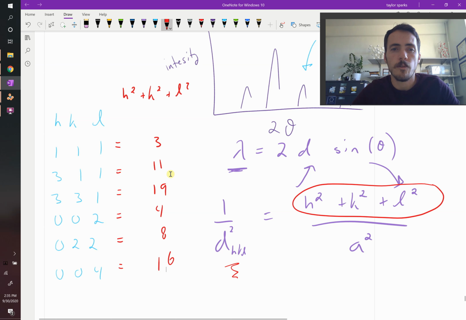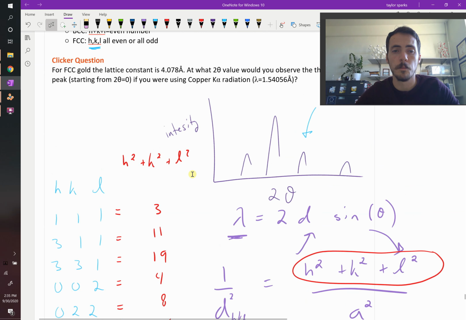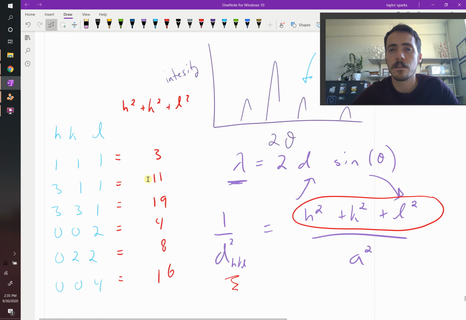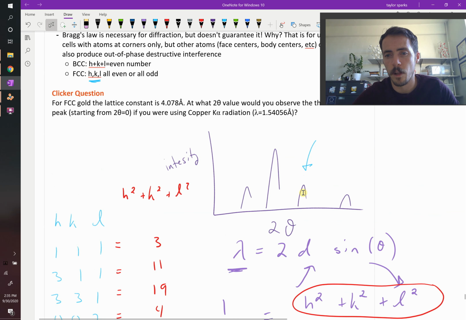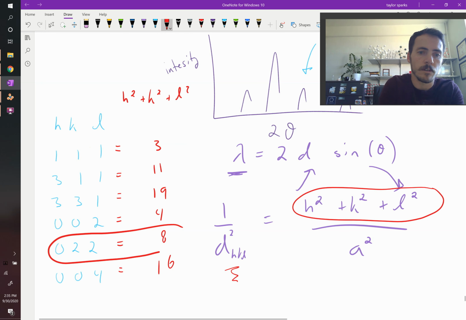So again, if we want to figure out the third smallest reflection, assuming that we got all the possible peaks here for a minute, the third smallest 2 theta value will be the third smallest h squared plus k squared plus L squared. So the lowest one is the 111 peak, the second lowest would be the 002 peak, and the third one looks to be the 022 peak. So we would expect it to be this one right here.